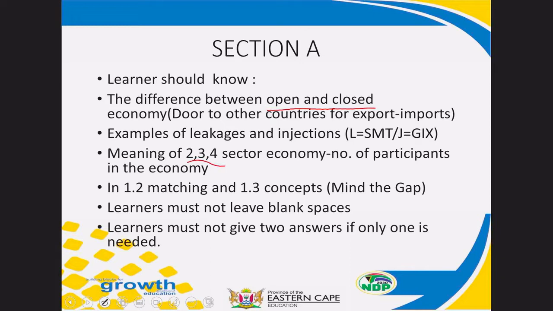But when we talk about the 3-sector economy, there are households, there are businesses, and there's government. But when you talk of now the 4-sector economy, it's where you've got almost all the participants. That includes also the foreign sector. Now, that will be regarded as your 4-sector economy. Please make sure that you are able to differentiate between those.